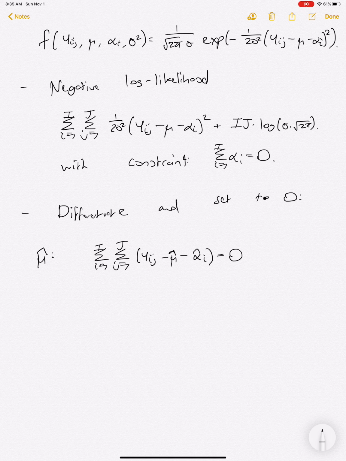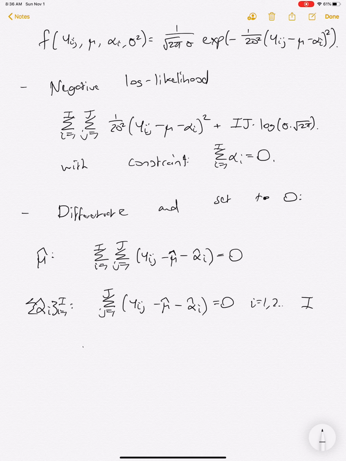And then for the alpha hat i's, if you differentiate, you're actually going to get I equations, which should equal 0 for i equals 1 up to I. And then you have the additional constraint that the summation i equals 1 to I of alpha hat i should equal 0.